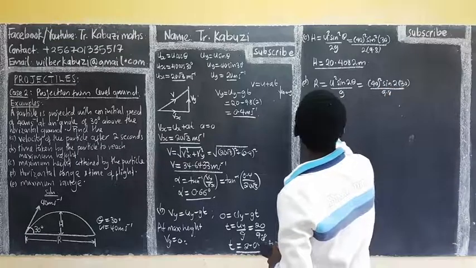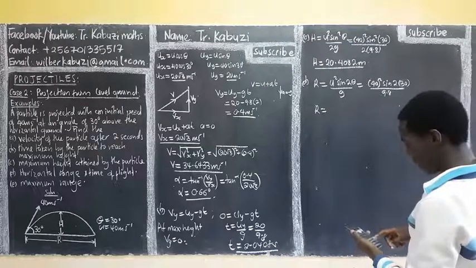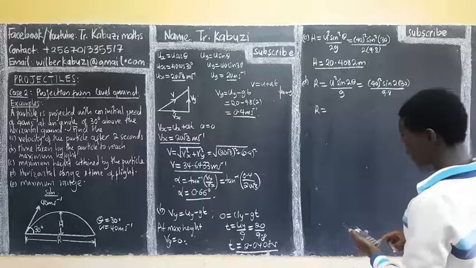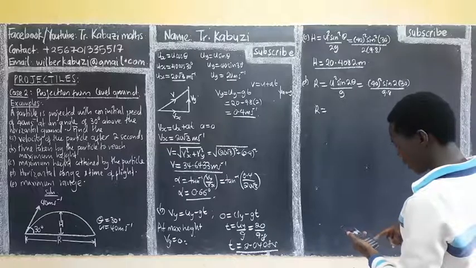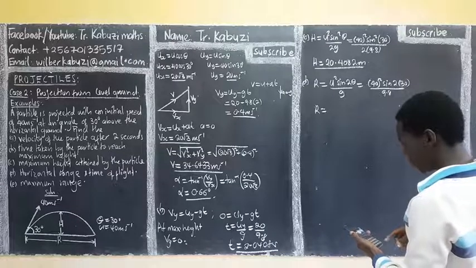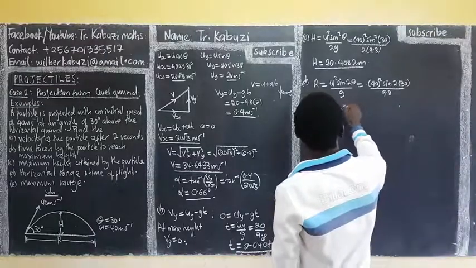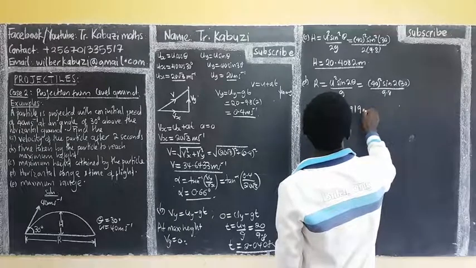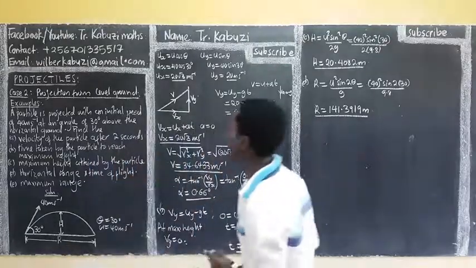And so from here, our range is 141.3919 meters. So this is the range this particle is going to cover.